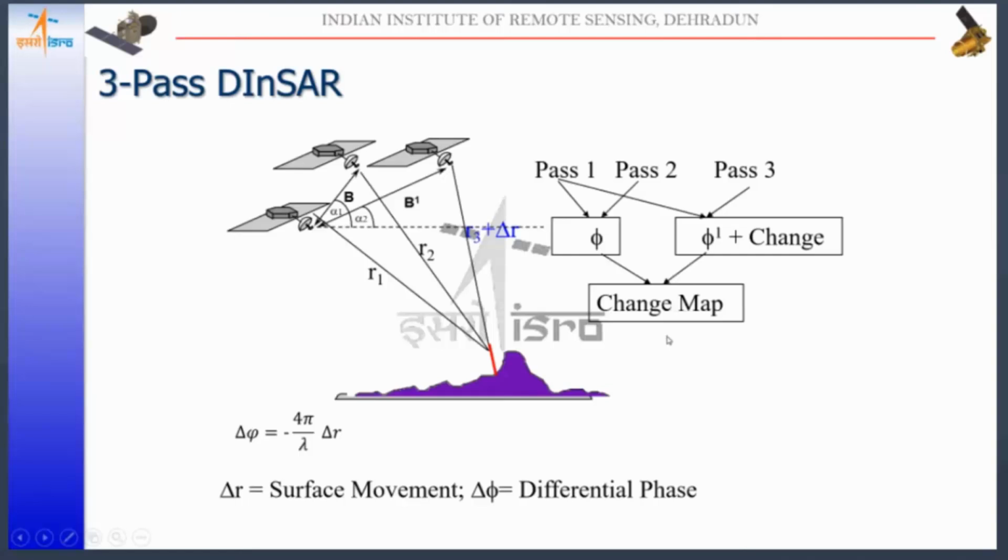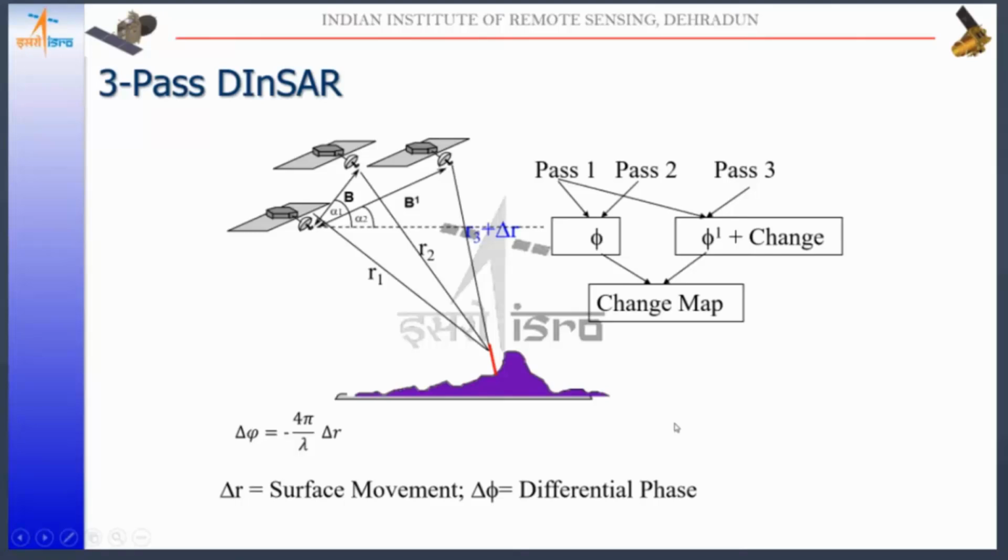After that, the processing will be the same: we do the flattening, unwrap the phase, then the phase to height conversion, and then geocoding. So this is the formulation of 3-pass differential InSAR.